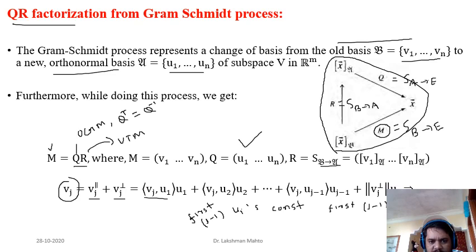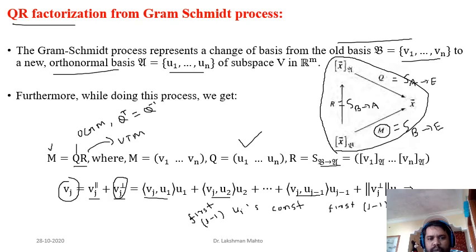It is a linear combination of u1, plus a linear combination of u2, plus a linear combination of u(j minus 1). Now come to this Vj perp. What is Vj perp? It is perpendicular to all the previous ui's. So how do we get uj? We get it by normalizing Vj perp.